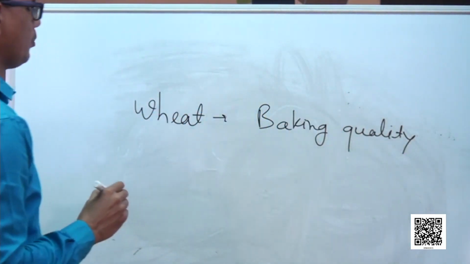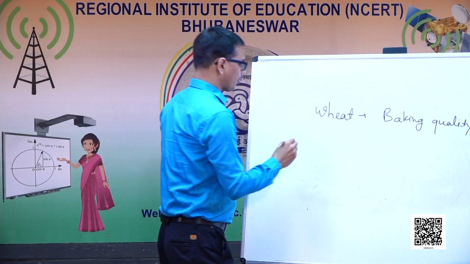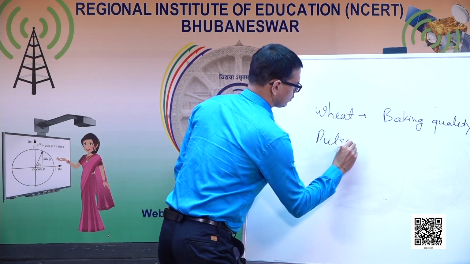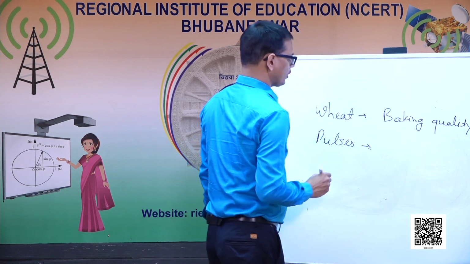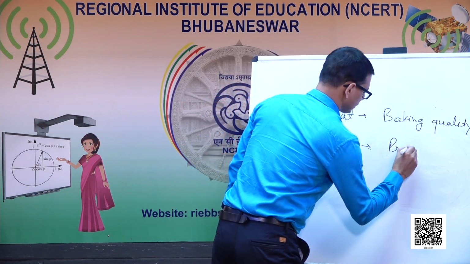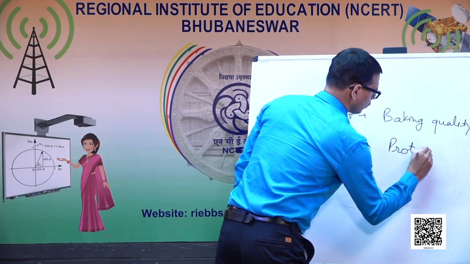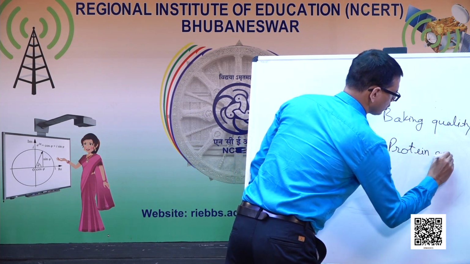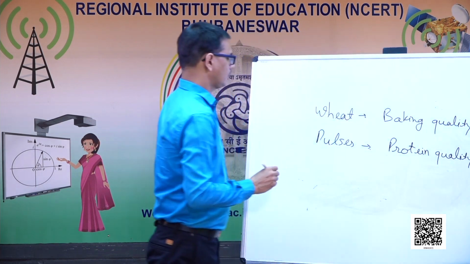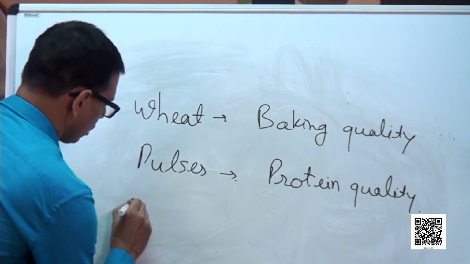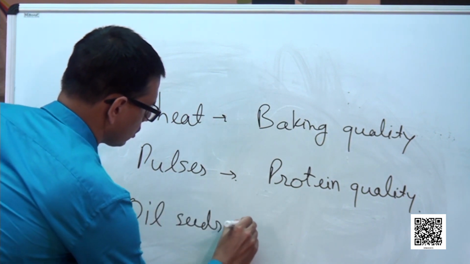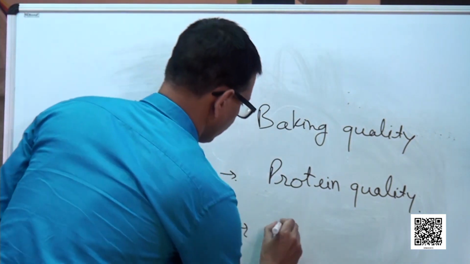Baking quality is important. For pulses, protein quality, so that we get pulses of good quality. For oil seeds, fat quality.